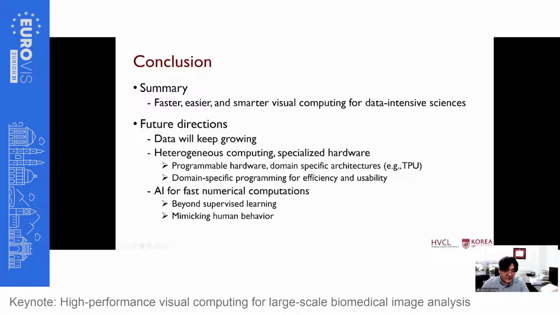Developing a domain-specific programming language would be interesting. And also, I think AI can be used for fast numerical computations, like replacing iterative numerical computation in the future. We are very interested in developing beyond supervised learning. Without any supervised data set, how can we train the network?